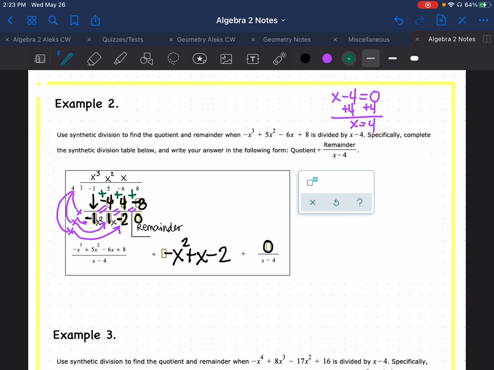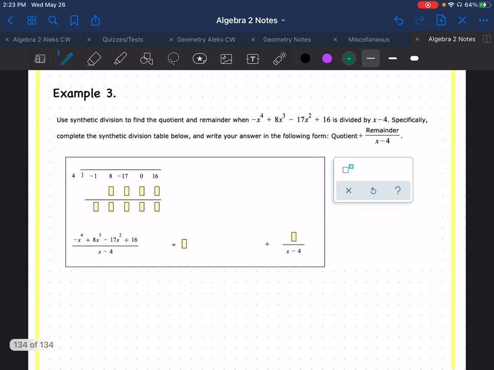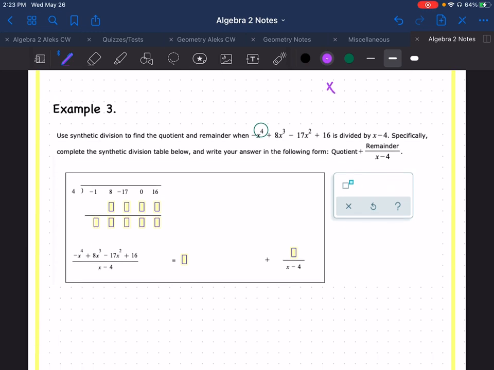All right. Oh, I forgot to show you guys where I got the degree from. There's the degree right there. All right, so last one. This one has a degree of 4. Let me go ahead and circle it so that I don't forget. And my house number is going to be, this is how they got it.